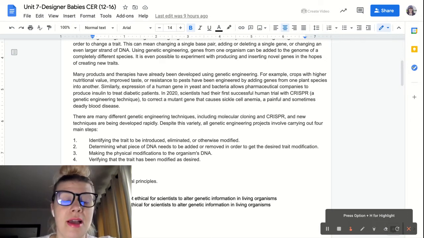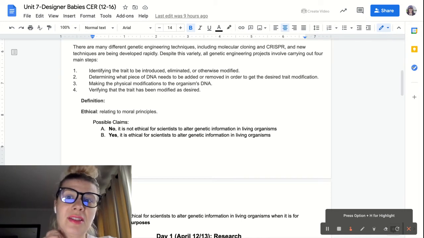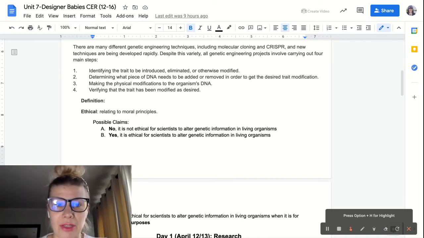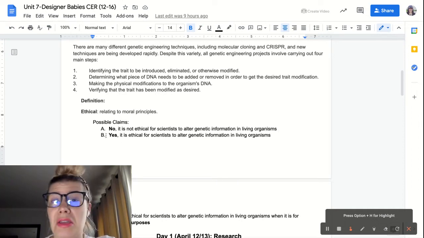What do you think? So here are some possible claims. You can use these claims as part of your claim evidence reasoning. If you have a different claim, just message me off to the side saying, hey, Ms. P, I have a different claim that I want to use. Is it cool, right? So one possible claim is no, it's not ethical for scientists to alter genetic information in living organisms. It's possible, right? That's one of them. Another possible claim could be, yes, it is ethical for scientists to alter genetic information in living organisms. Sure.